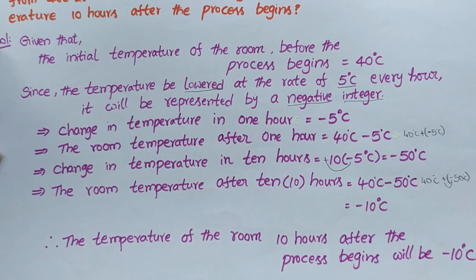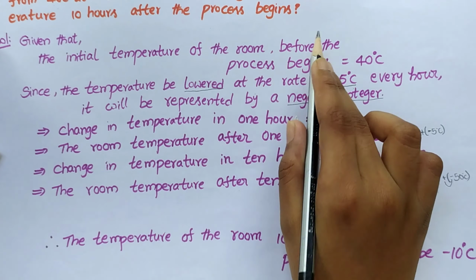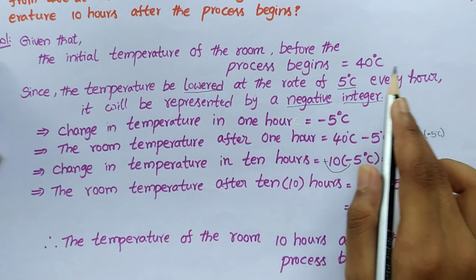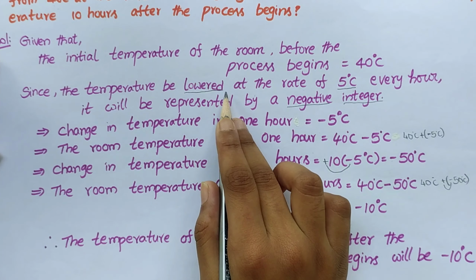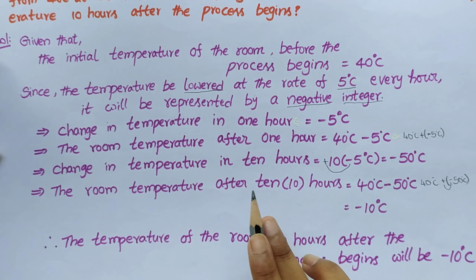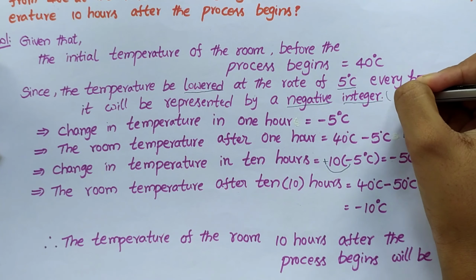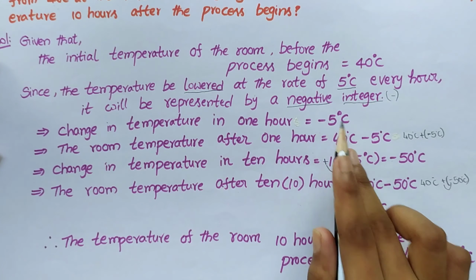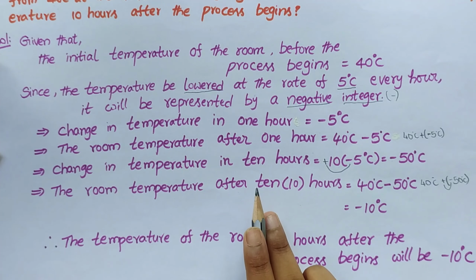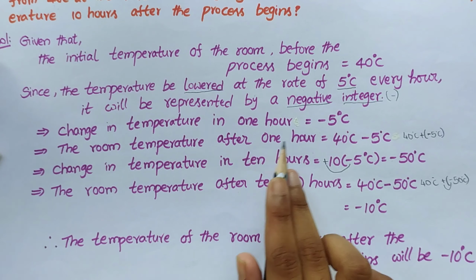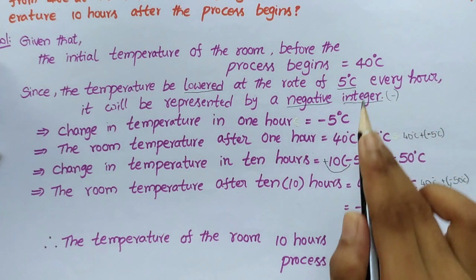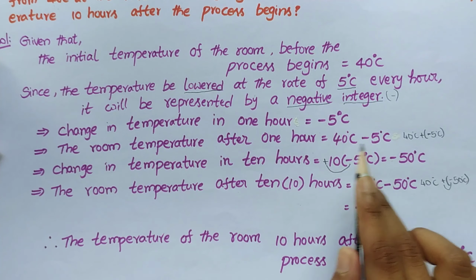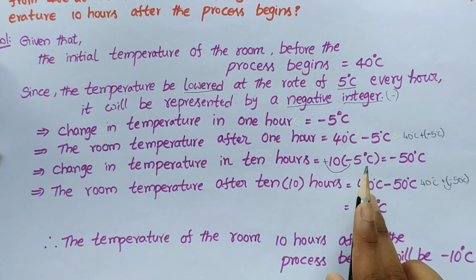Now once let's recap, friends. Here the initial temperature of the room before the process begins is 40 degrees Celsius, and the temperature is lowered at the rate of 5 degrees Celsius every hour. As it is lowered, it would be represented by a negative integer, that means minus. And the change in temperature in 1 hour, lowered 5 degrees Celsius, that means minus 5 degrees Celsius. And the room temperature after 1 hour would be the earlier temperature plus the change in temperature in 1 hour, which is minus 5 degrees Celsius.